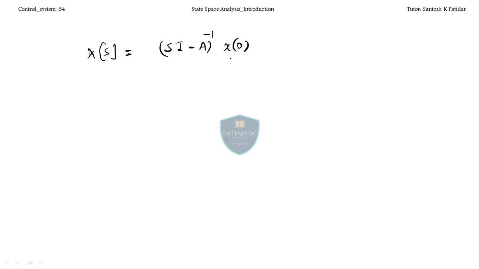Okay, and the remaining one is (sI minus A) inverse into B U(s), isn't it? But you need x(t), so you will take the inverse Laplace.